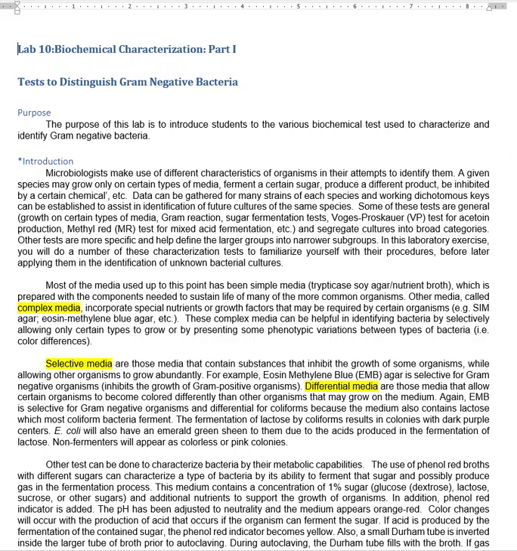This part of Lab 10 is going to be about how to do a series of biochemical tests on gram-negative bacteria. So, if I were given an unknown bacteria, first thing I would have to make sure is that I've got a pure culture. I'd have to make sure it was isolated.